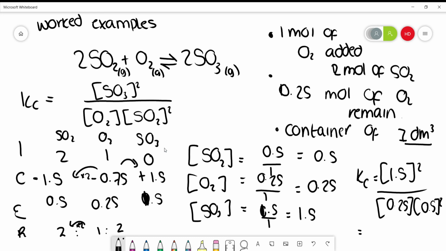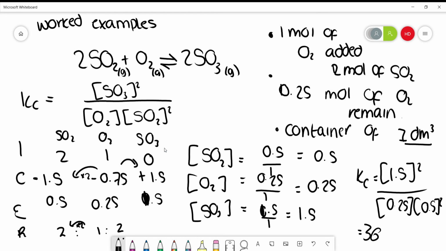Give you a second to work it out. Which is 36.